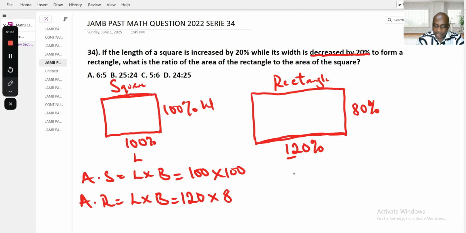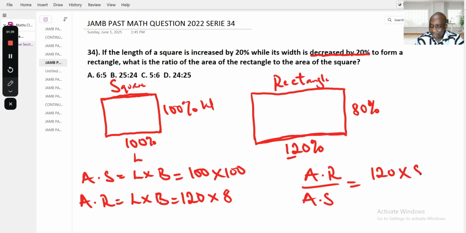Now we are going to say area of rectangle over area of square. What is the area of rectangle? 120 by 80, isn't it? Over what is the area of square, which is 100 by 100. Now let's divide.